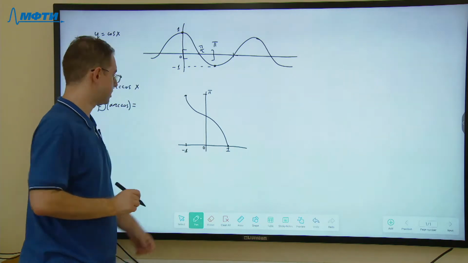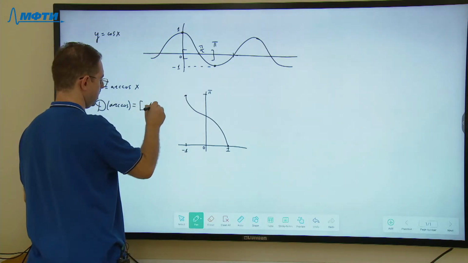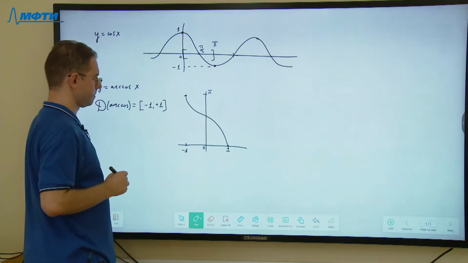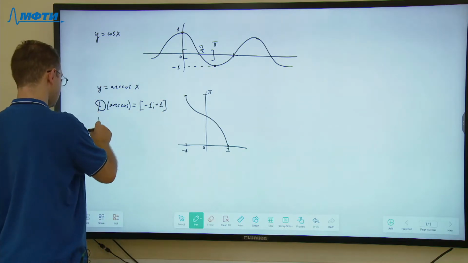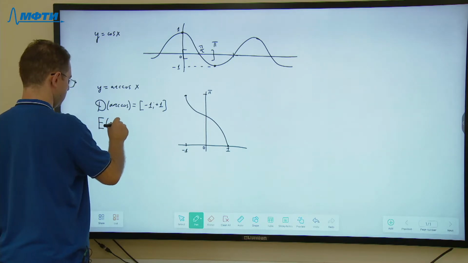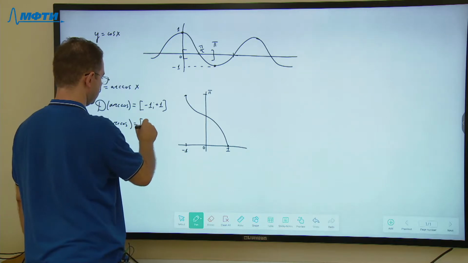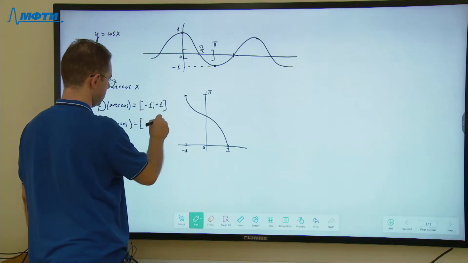This is the domain. Its codomain is from 0 to pi.